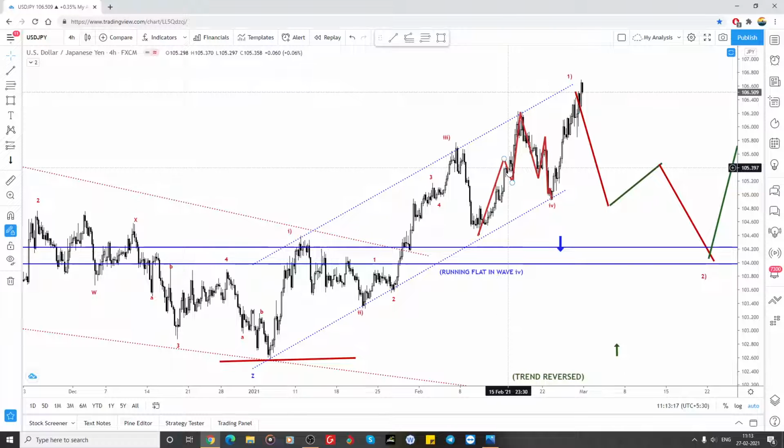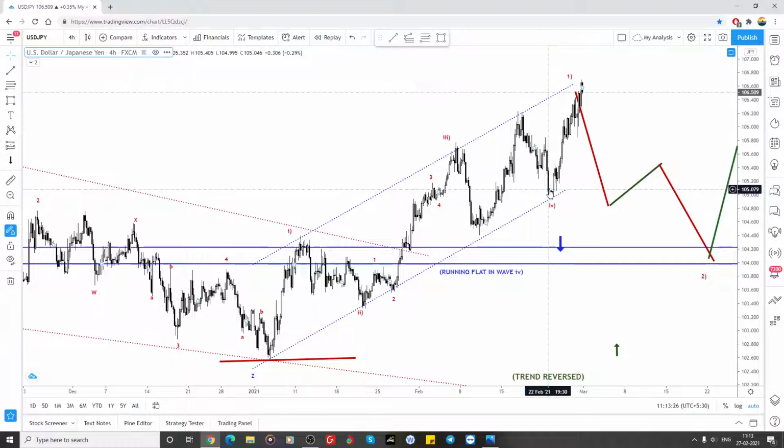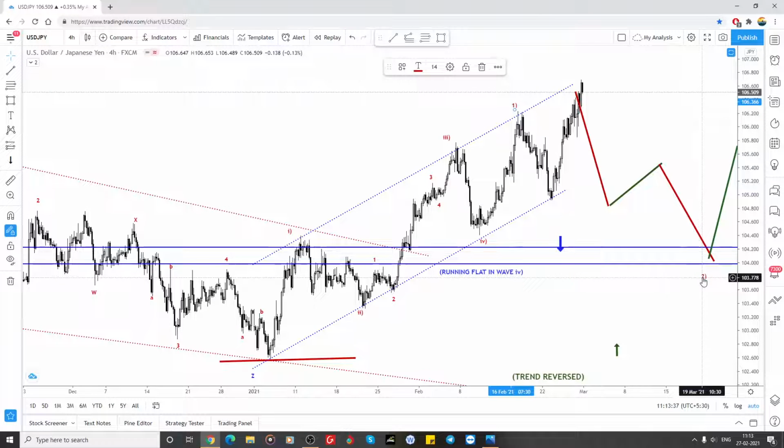So what I thought here is whether this is the end of the fourth wave. So this is the end of the fifth wave. 1 means, here is a three-wave structure and it is a five-wave. So this could be a 2 also.